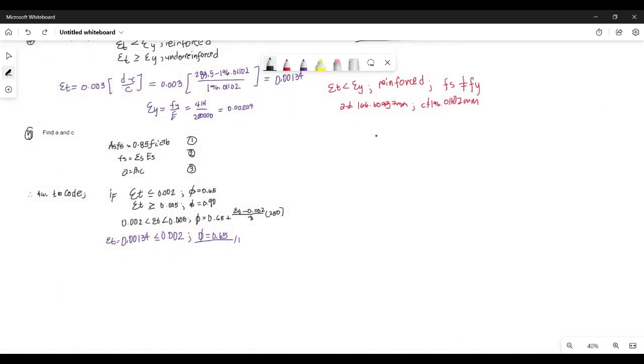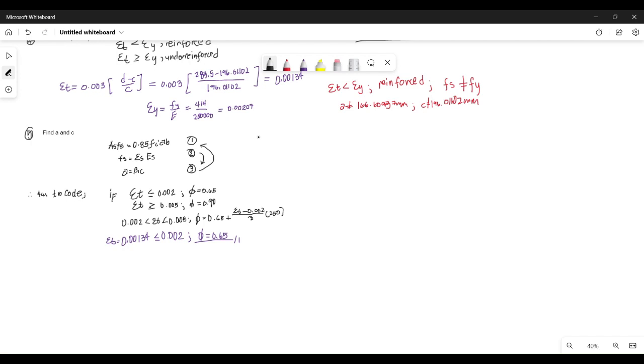Okay? Ang gagawin natin, i-equate natin yung equation 2 sa equation 3. Then, ibabalik natin sa equation 1. Equate natin sila.